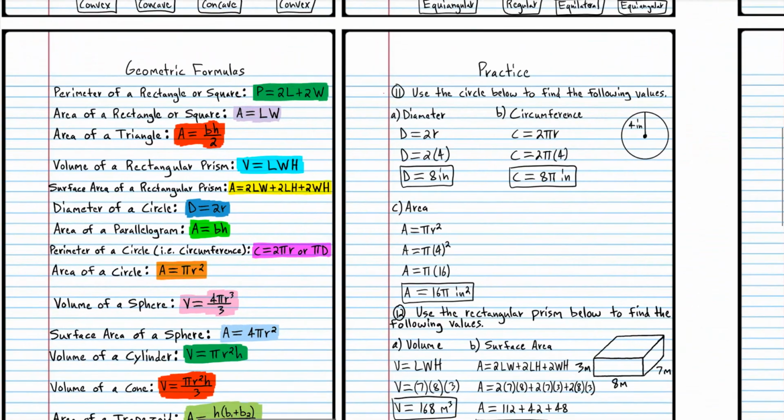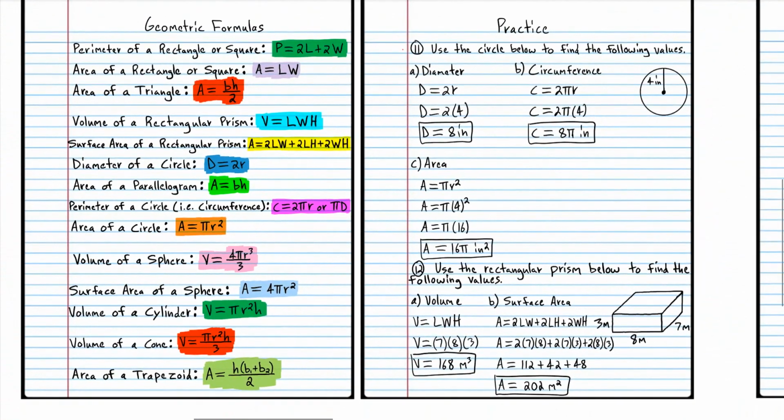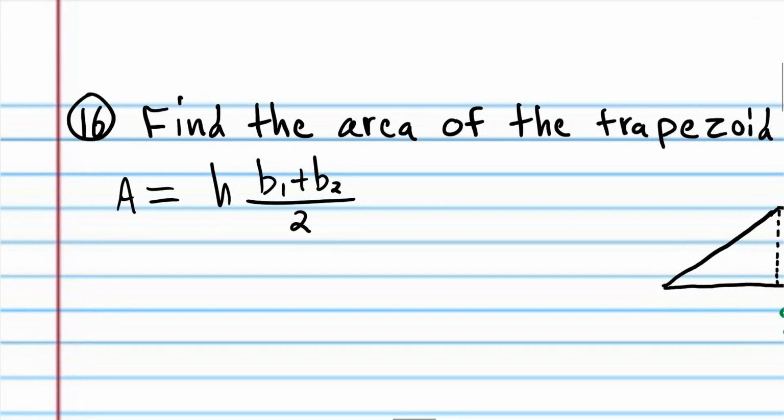So that is going to be the green formula at the very bottom. And I used parentheses there. You can write it in different ways, but just to make things simpler, I'm going to put the h in the numerator.